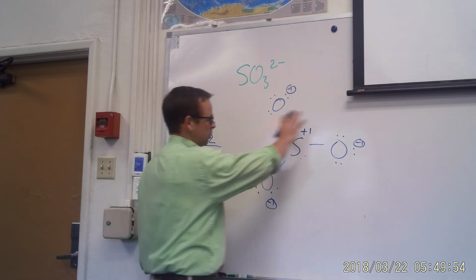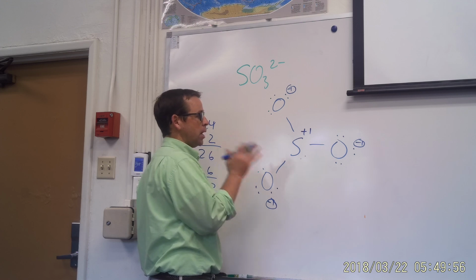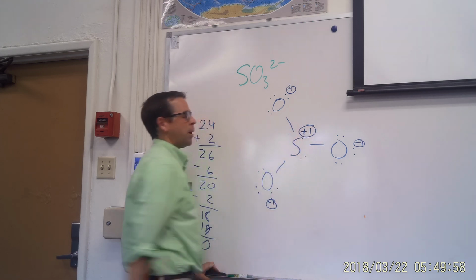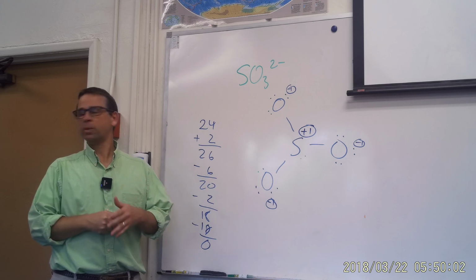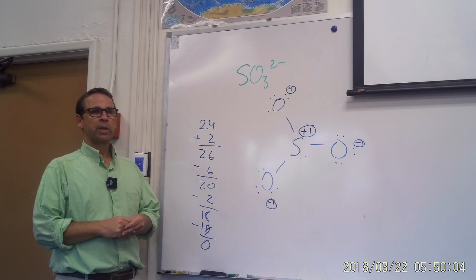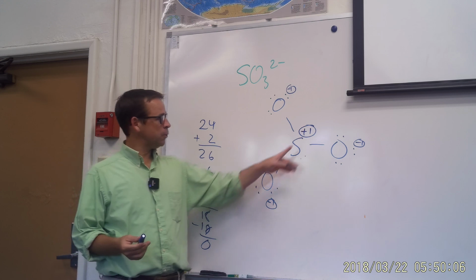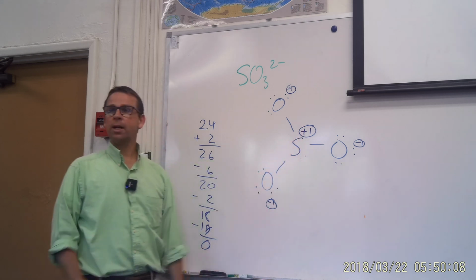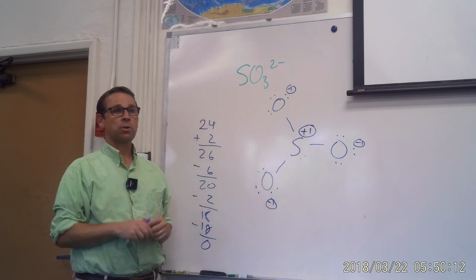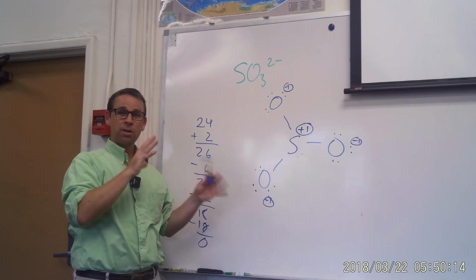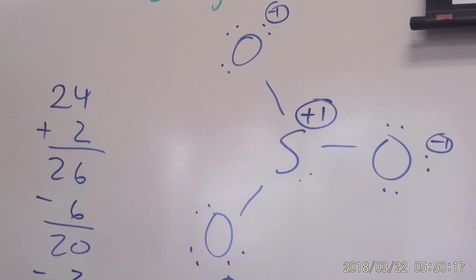All right, so this does not look like the best compound. Why doesn't it look like the best Lewis dot structure for this molecule? Because we have a negative formal charge and a positive formal charge right next to each other, right? Everybody has a formal charge. Okay, some strong indicators. The formal charge is the strongest indicator to whether or not you have a good compound.